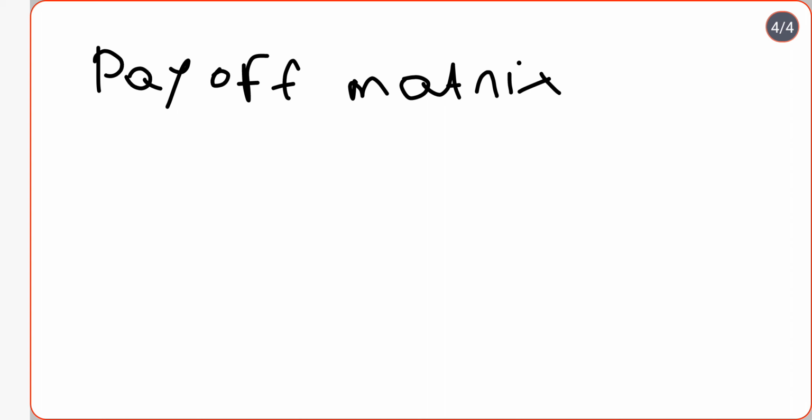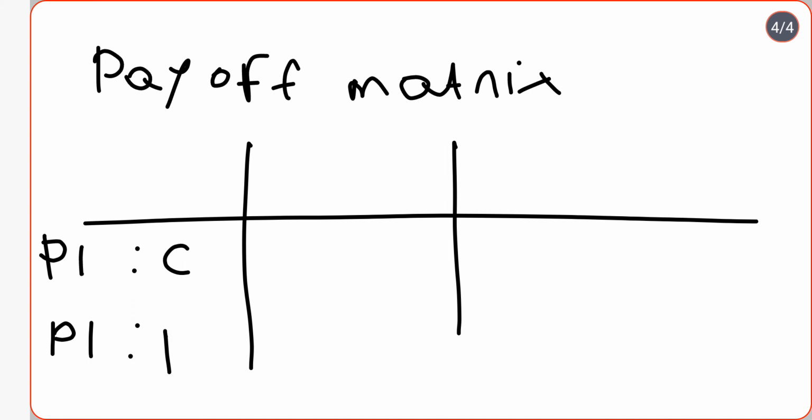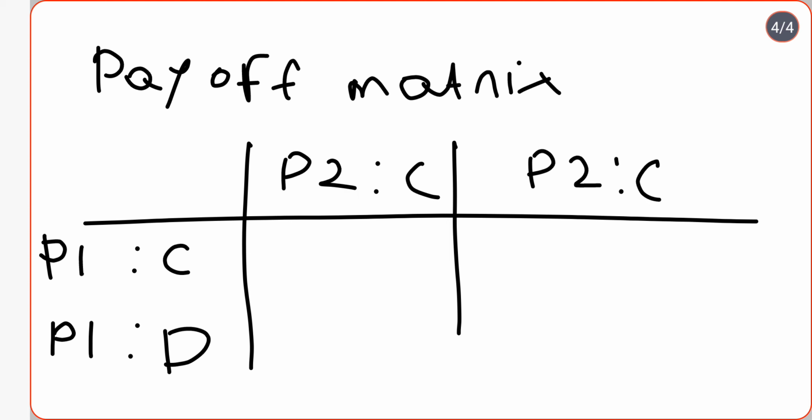In this part we are taking player 1 confessing, player 1 denying, and here player 2 confessing and player 2 denying.